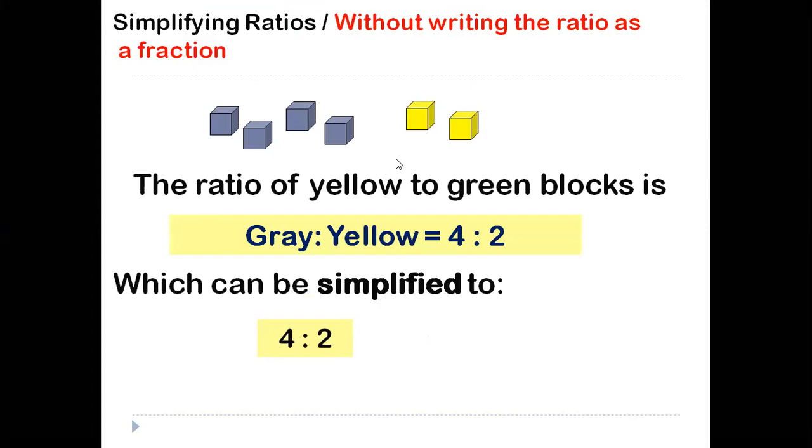We need to write this in simplest form without writing the fractions.